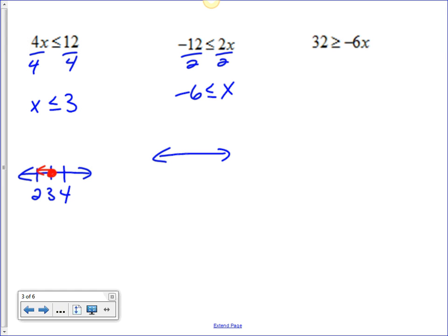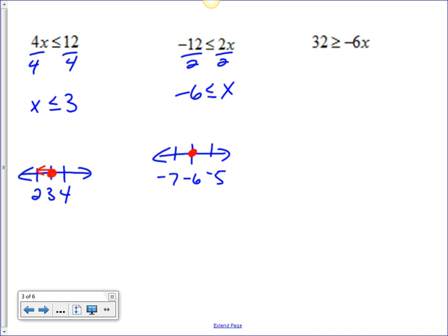I've got a negative 7, a negative 6, a negative 5. This one, once again, it would be a closed circle. And now I have to ask myself, which way would I point my arrow? If I put one of these numbers in, for instance, if I put a negative 5 back into my inequality, a negative 6, is that less than or equal to negative 5? And the answer would be yes. So I'd point my arrow that way.